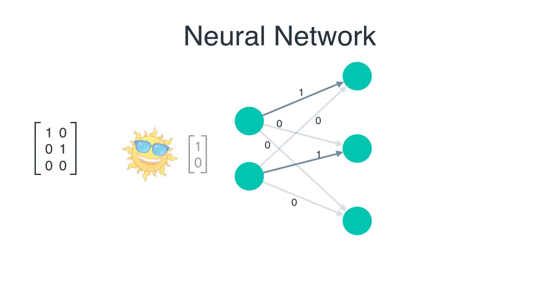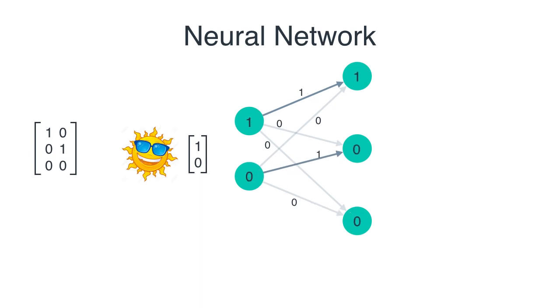And how it works is that if you take the vector, for example, corresponding to a sunny day, which is 1, 0, then this vector goes inside the first layer of nodes, and then the value in the node gets multiplied by each of the edges and then added on the right.